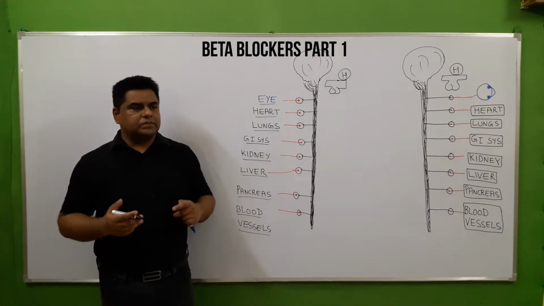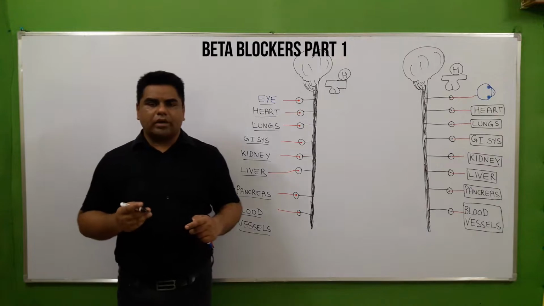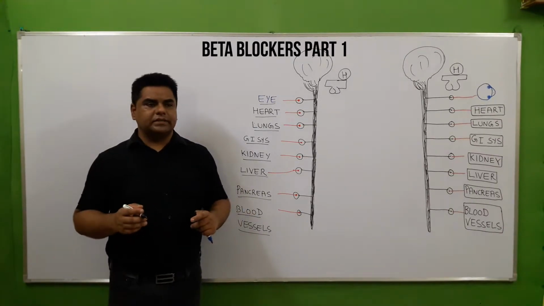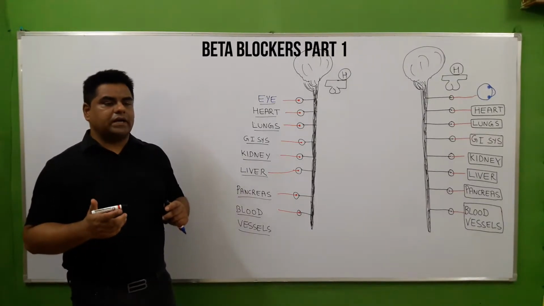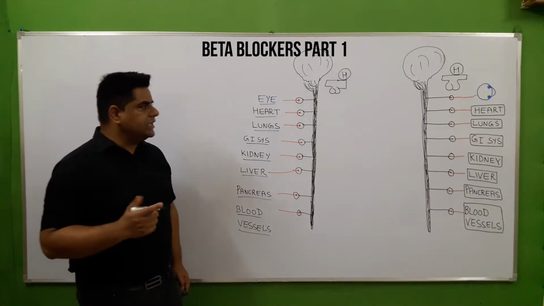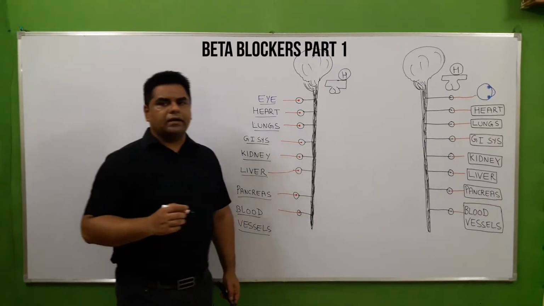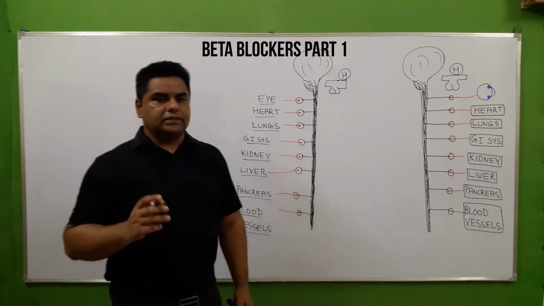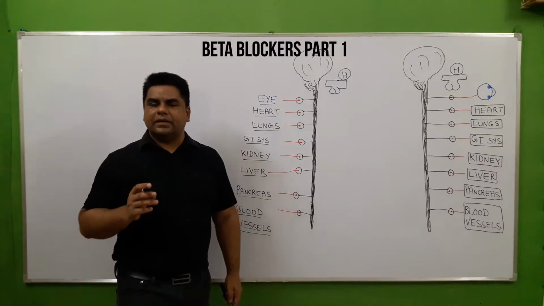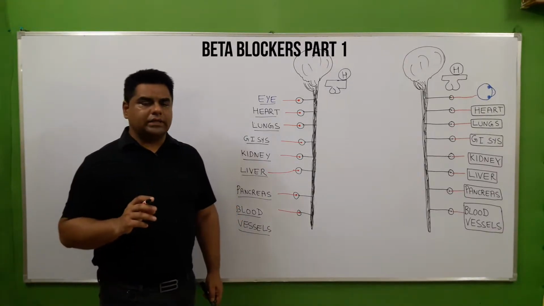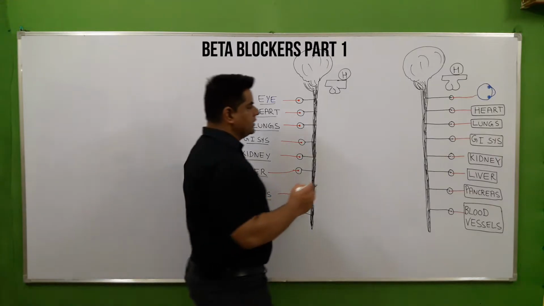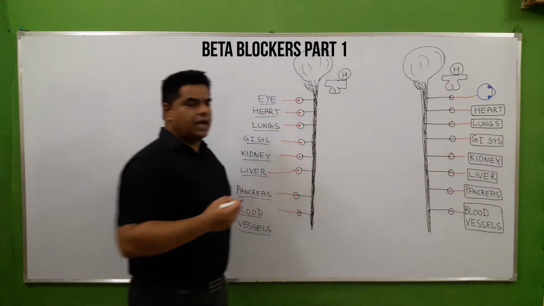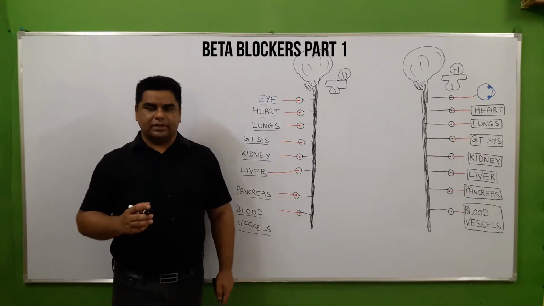Their mechanism generally covers blocking of the sympathetic receptors in the sympathetic nervous system, especially in the heart and the kidneys. As we previously discussed, the heart and the kidney have beta 1 receptors.